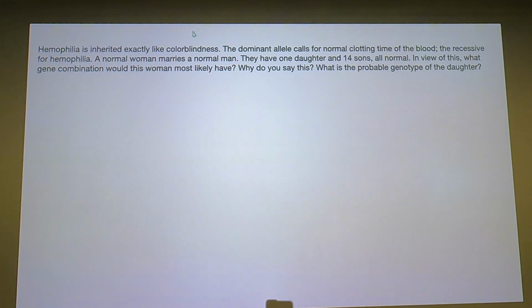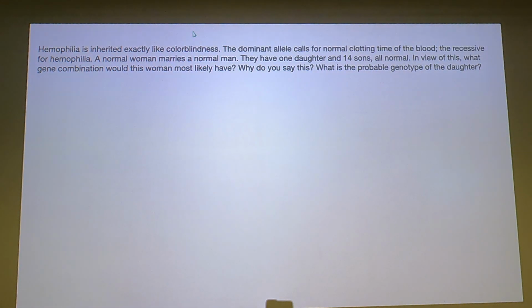Now look at that, 14 boys, wow. And they're all normal, so that makes it statistically highly unlikely that she's a carrier. So she's free of the disease. And of course, on an exam, I could have said, okay, do a chi-square test to show me how likely this was. Okay, in view of this, what gene combination does one most likely have? She's almost certainly wild type on both X chromosomes.